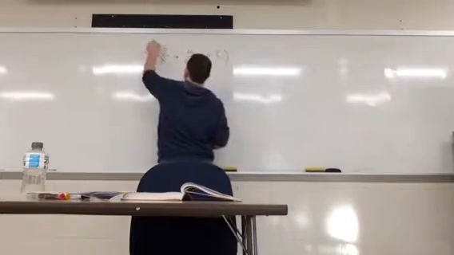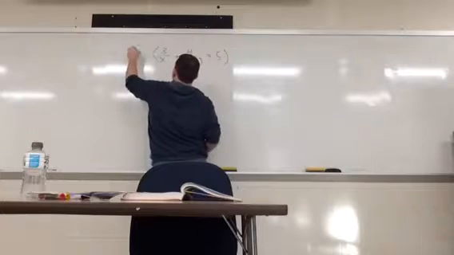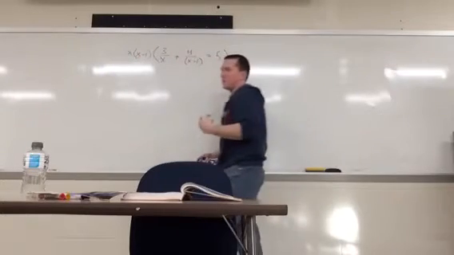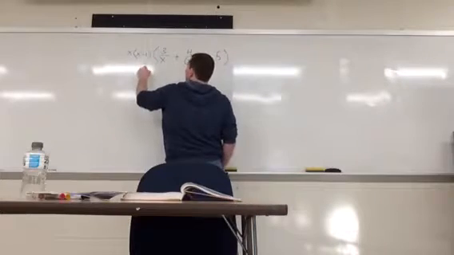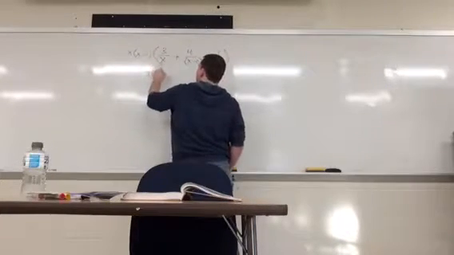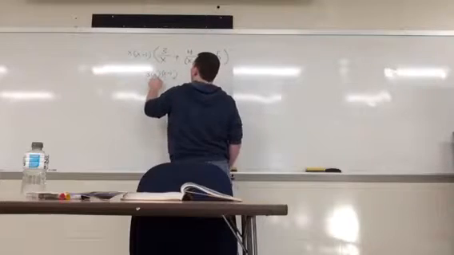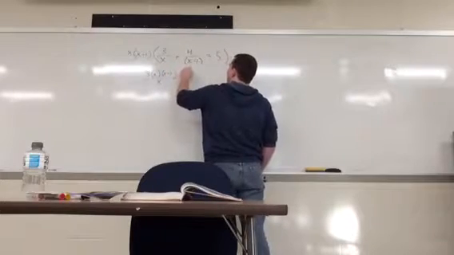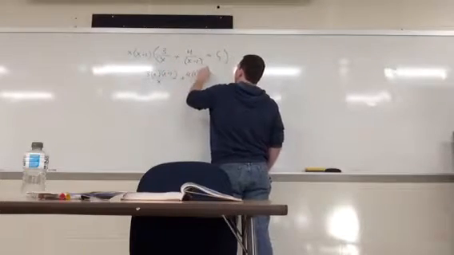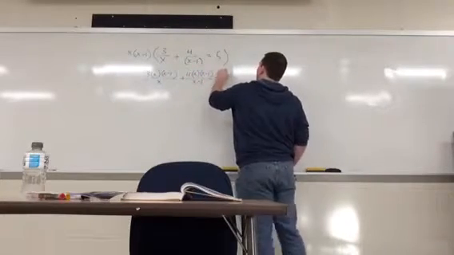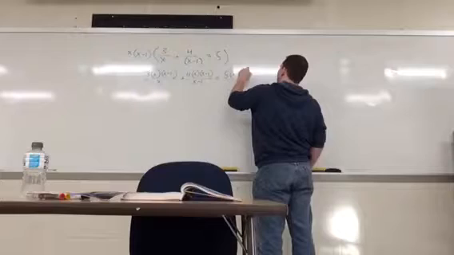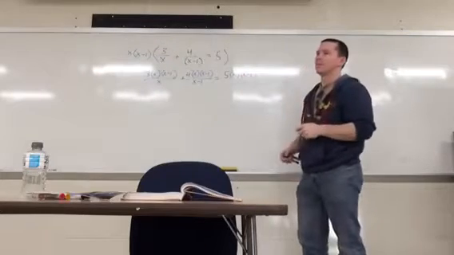Once again, especially for this one, I'll write the whole thing out just so we can see it long form, but once you know what you're doing, you can simplify quicker as you go. You get 3 times x minus 1 all over x, plus 4 times x minus 1 all over x minus 1 equals 5 times x times x minus 1.